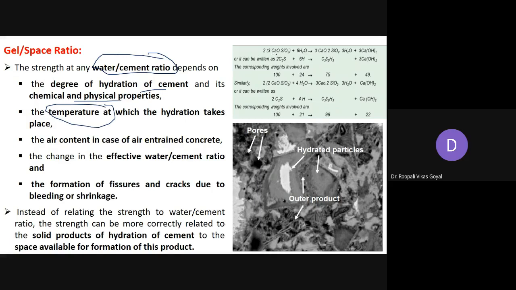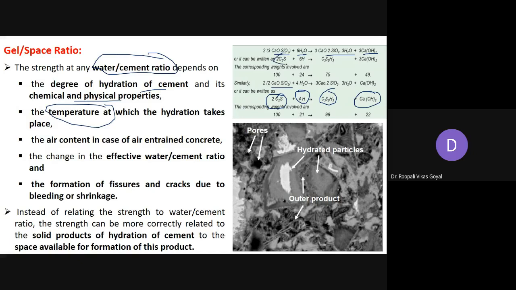You know the hydrated product. This C3S reacts with H2O, forming this CSH gel, along with Ca(OH)2. Similarly, here C2S reacts with water and gives CSH gel, along with Ca(OH)2.